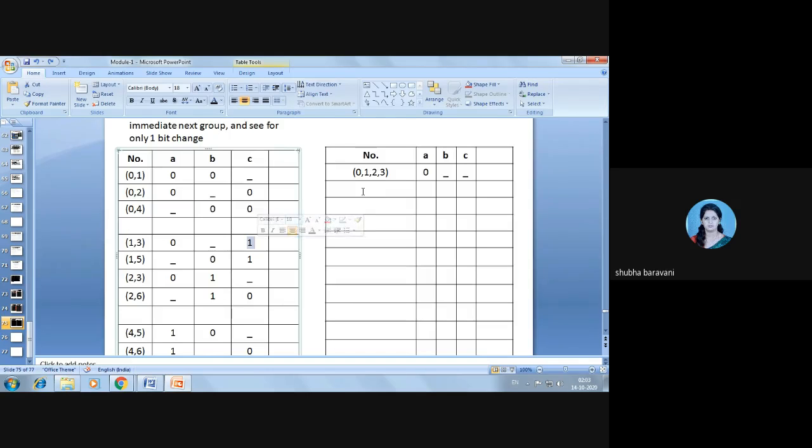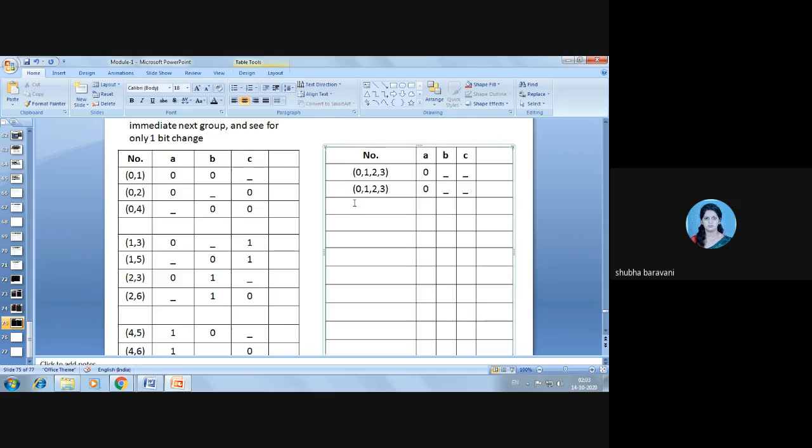Okay, again I am writing 0 2 1 3 as 0 dash and dash. It means what? It can be written as 0 1 2 3. So I am getting it same here. Even if you don't write, that is okay.